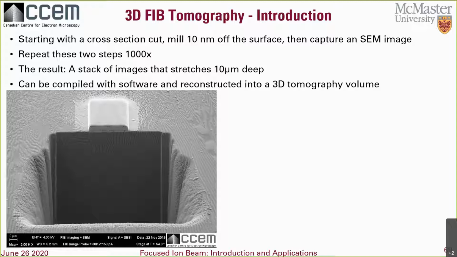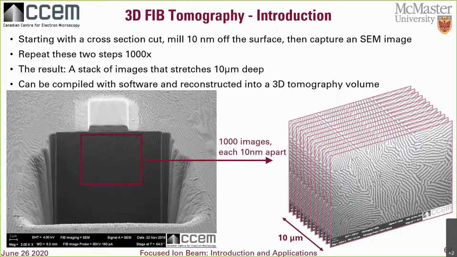Okay, remember the cross-section trench cut, the first thing I introduced here. After our first image capture, what if we then take that cross-section and mill a tiny bit farther forward, like 10 nanometers, and take another SEM image, and then repeat 1,000 times?